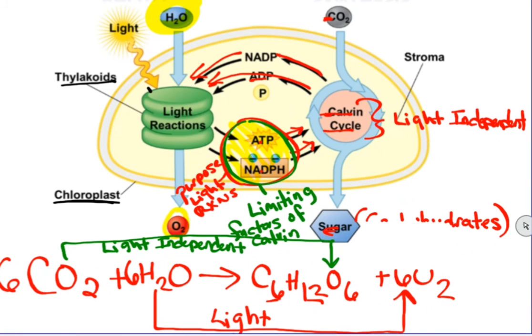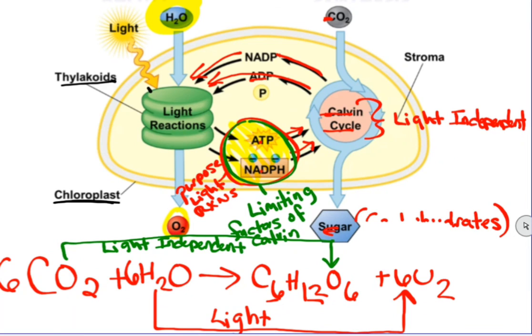So remember, what you need to know to be able to understand those results is that plants do require light, okay, but they don't require light directly to make carbohydrates. The light helps charge the ATP and the NADPH molecules, which allow the Calvin cycle to run and make carbohydrates.